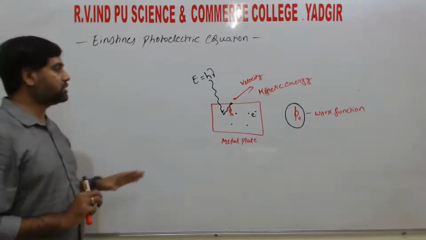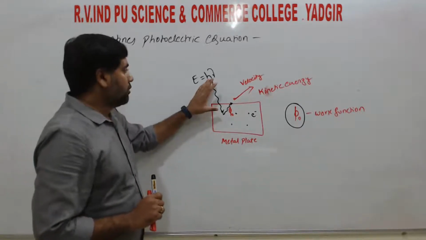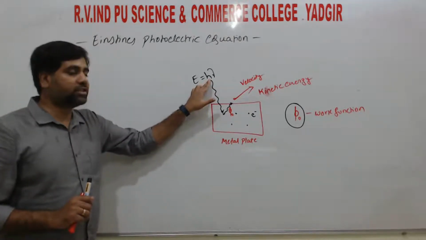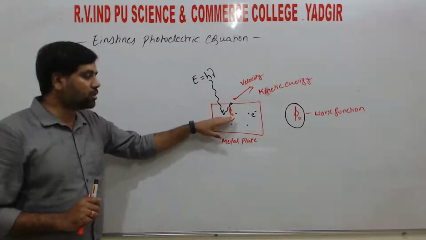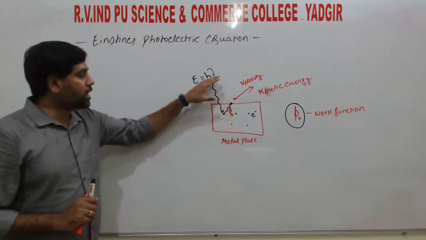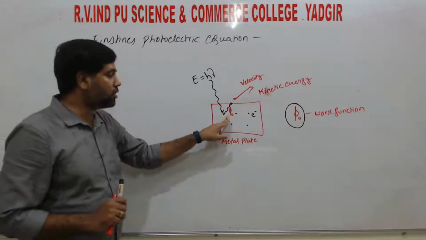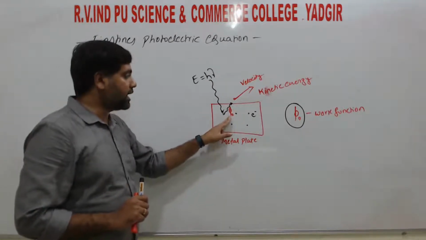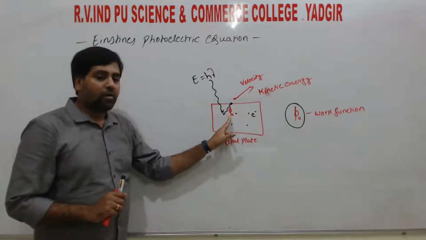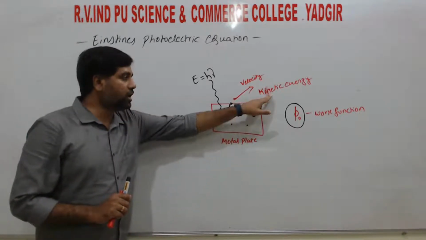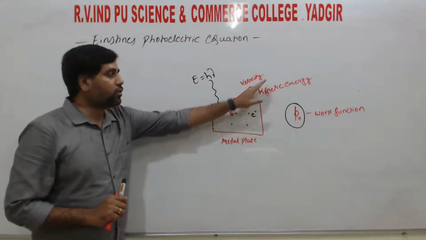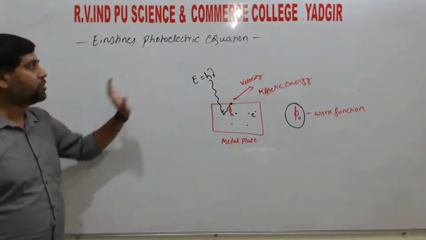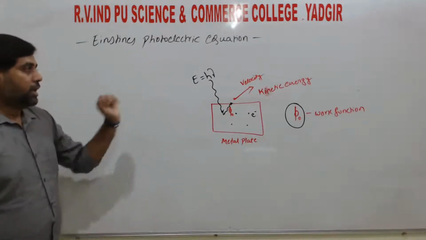According to Einstein's photoelectric effect, when radiation of energy, that is, an incident quantum of energy h nu, falls onto the metal surface, some part of the incident energy is utilized for the minimum energy required to escape from the metal surface, or directly we say utilized as the work function, and the remaining part is utilized for the kinetic energy of the electron, right? So this is the Einstein photoelectric equation.